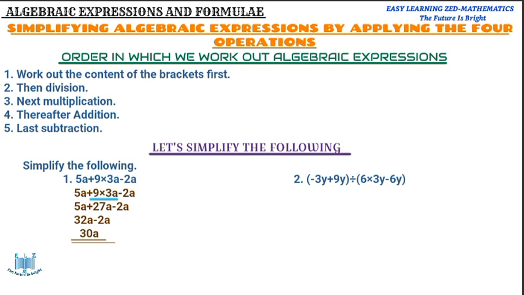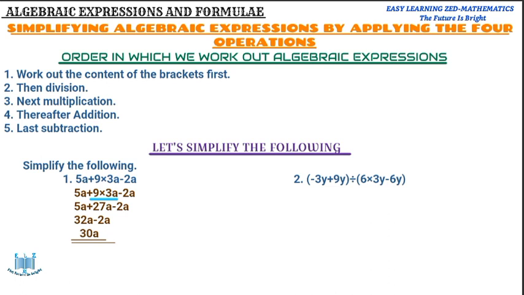Question 2, we have got open bracket negative 3y plus 9y close bracket divided by 6 multiplied by open bracket 3y minus 6y close bracket. So we are going to start by working out what is in the brackets.